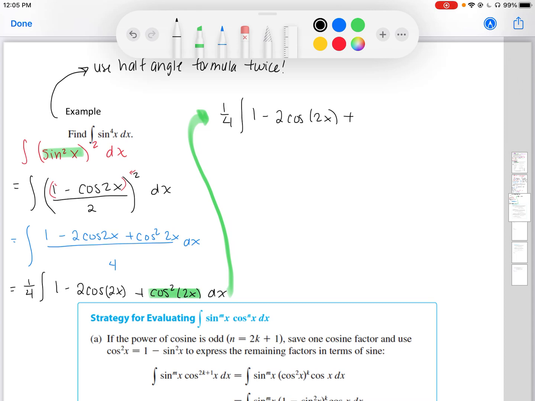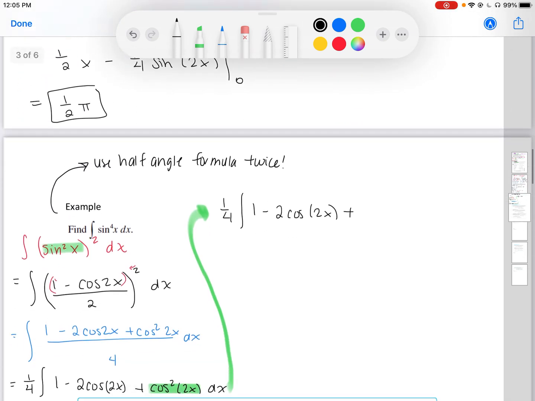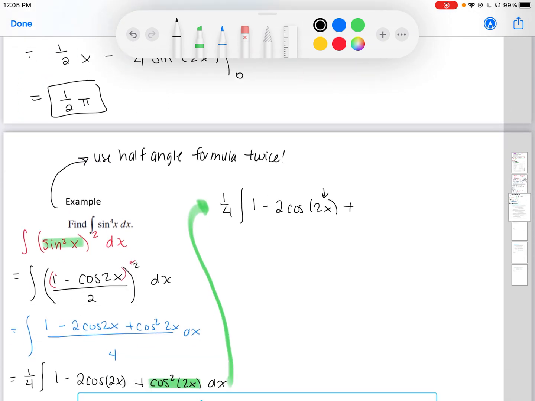So what is our half angle formula? We have 1/2, and if we have an x, we're going to take twice of that x. So here we have 2x, so twice of that would be 4x. So we're going to have 1/2 times 1 plus cosine of not 2x, but 4x, right?